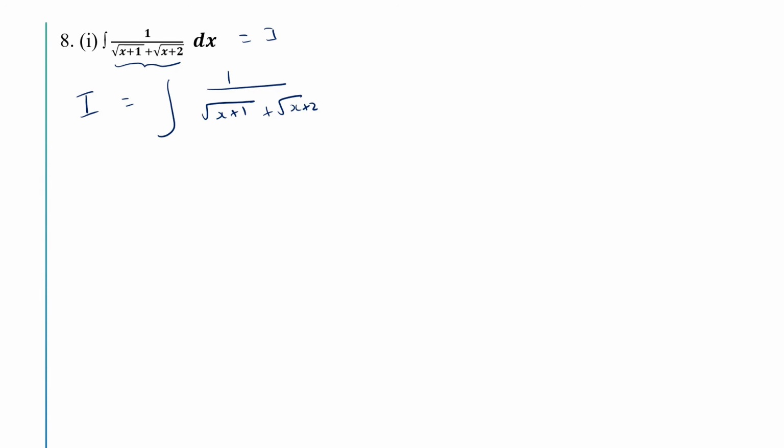To rationalize the denominator, we multiply and divide by root of x plus 1 minus root of x plus 2, over root of x plus 1 minus root of x plus 2, dx.